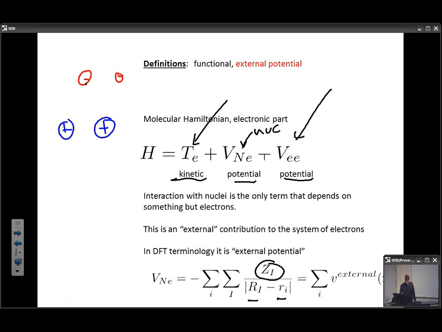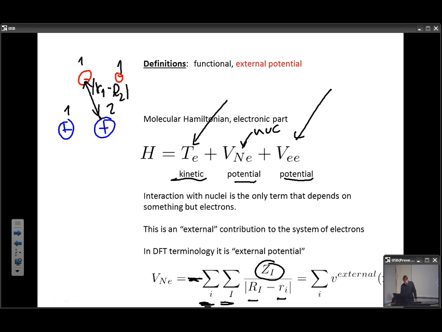So we need distances like this from electron number 1 to ion number 2, say. Then we take the inverse of it and put a minus sign in front. And then this attractive potential is added together for all electrons and all ions. It is not scary.